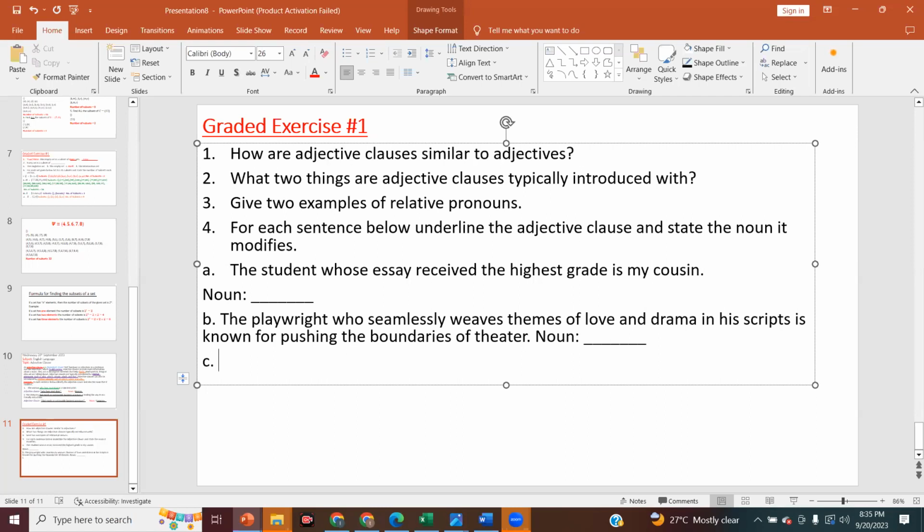You put in the adjective clauses too. You have the underlined adjective clauses. Okay.